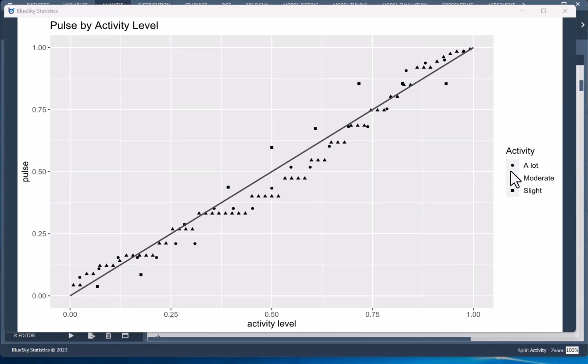Moderate is a triangle. That's our most frequent one, and you can see these points too tend to follow that line pretty well. And slight is represented by the squares, and they too are scattered randomly around that line. So the graphical evidence shows normality. These are relatively small sample sizes.